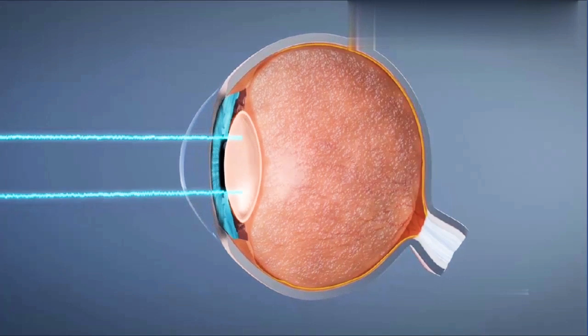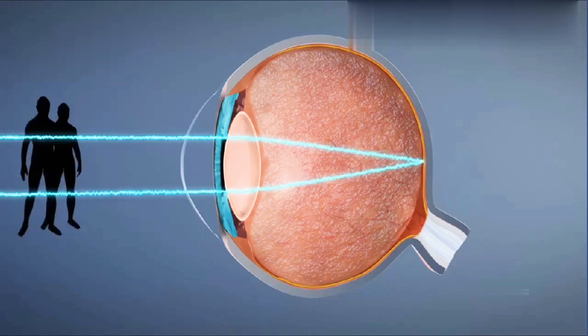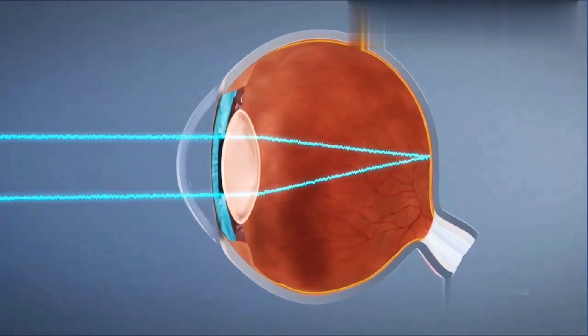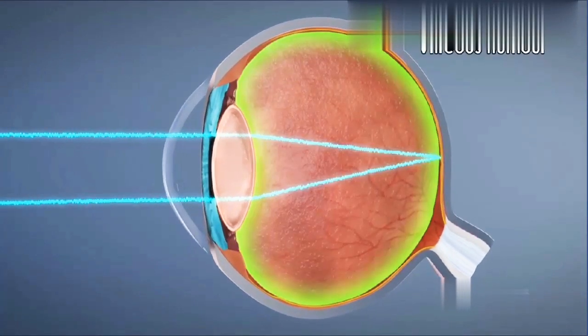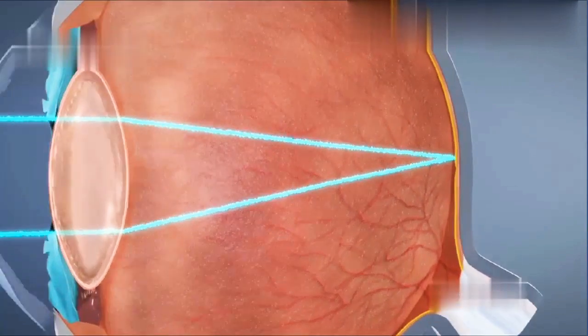A crystalline lens located behind the iris will focus the light rays so they converge on a nodal point, where the image of the object will be reversed and inverted. The light will continue through the vitreous humor, a clear gel filling the eye, before focusing on the retina.